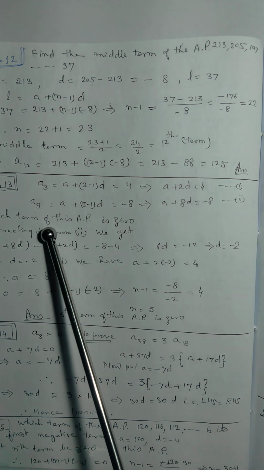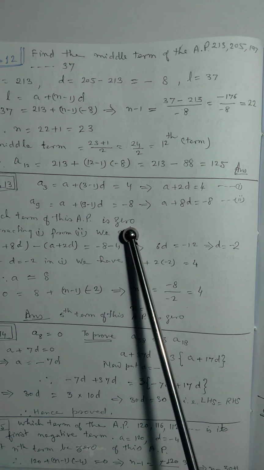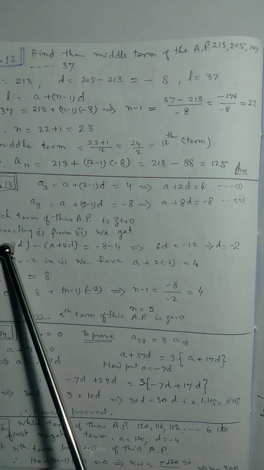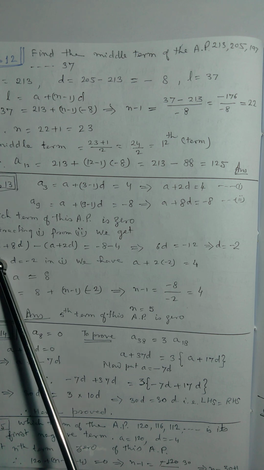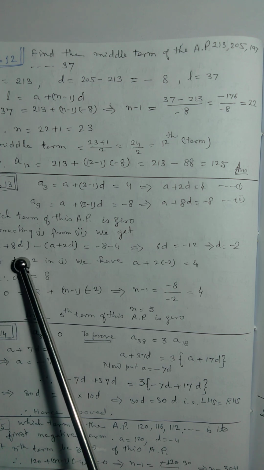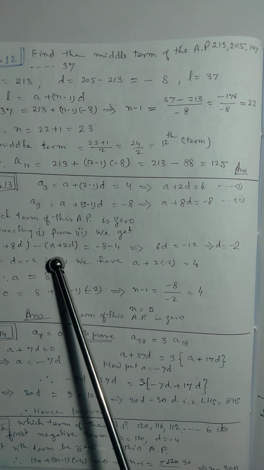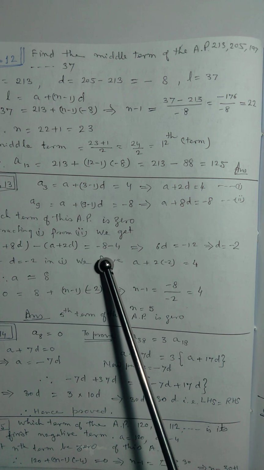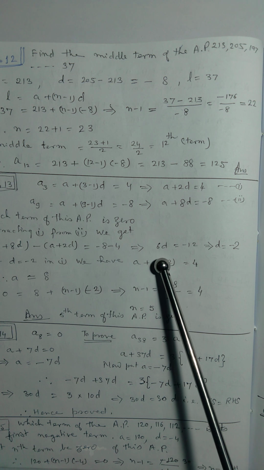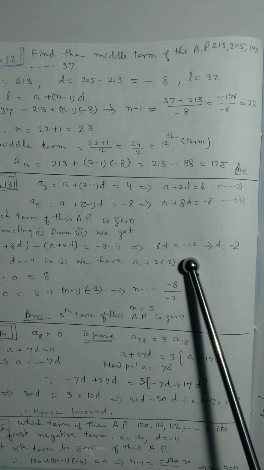Now, we have to find which term of this AP is 0. By subtracting the first from the second equation, a plus 8d minus a plus 2d, we get minus 8 minus 4, that is minus 6d equal to minus 12.